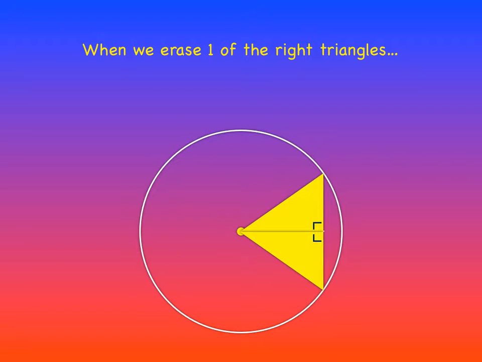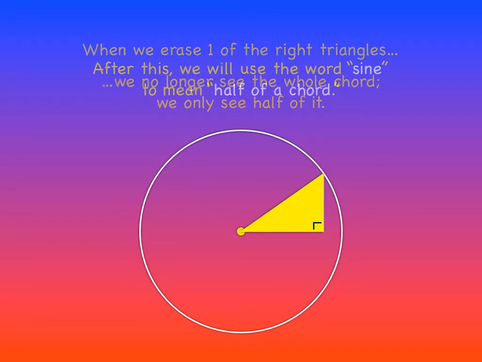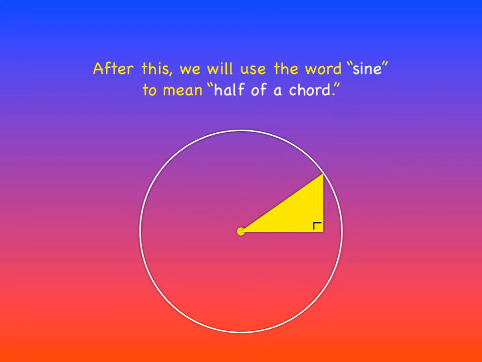When we erase one of the right triangles, we no longer see the whole chord. We only see half of it. After this, we will use the word sine to mean half of a chord. So at the end of the triangle you see a sine.